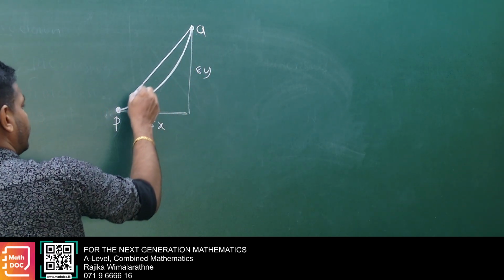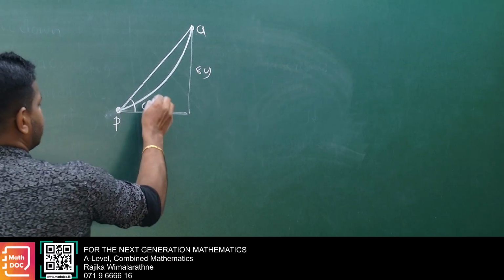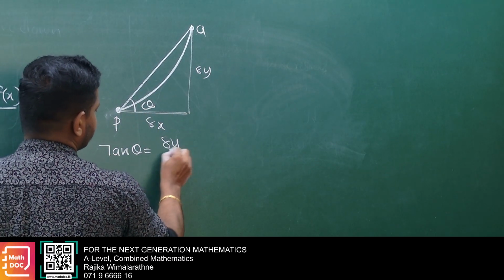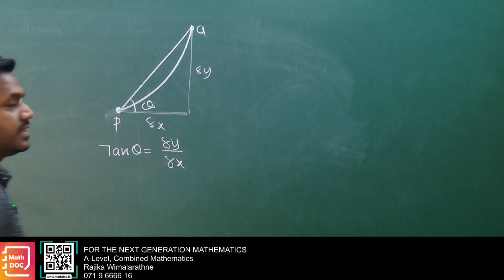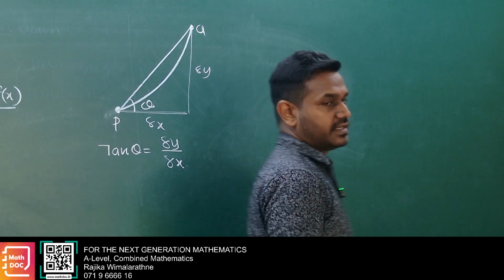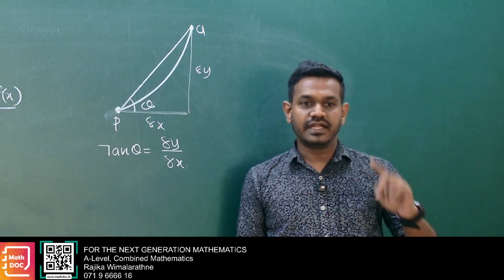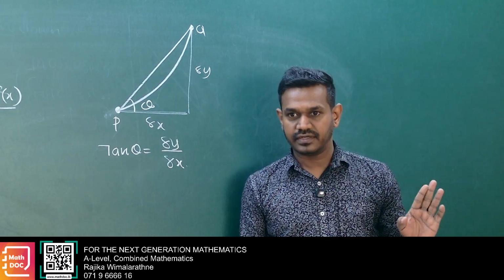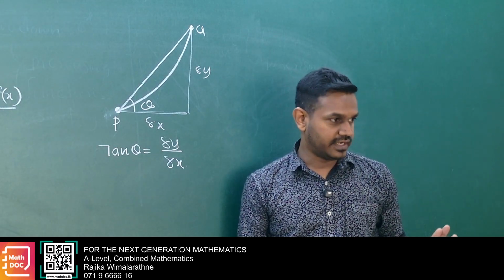Then here the chord makes angle theta. Tan theta is delta y over delta x. Tan theta represents the gradient of the chord.